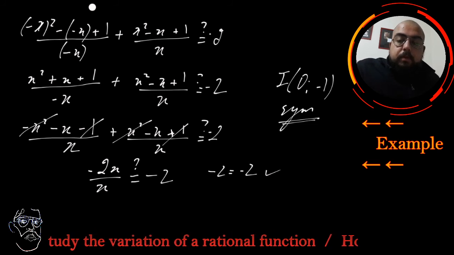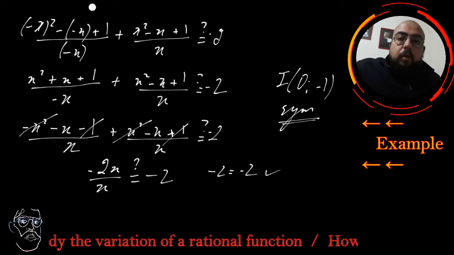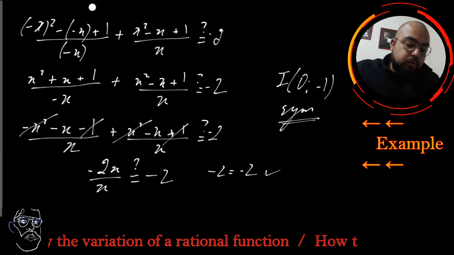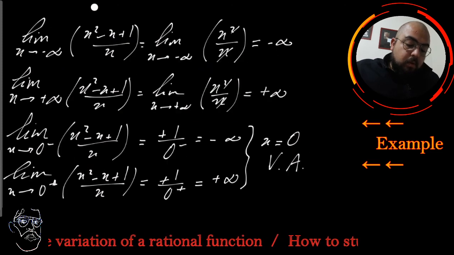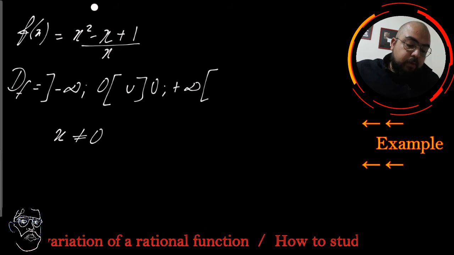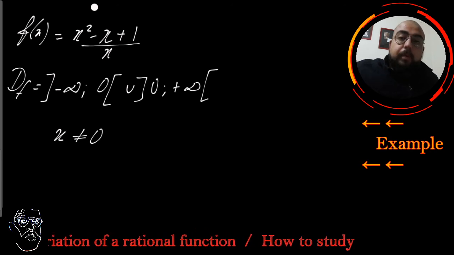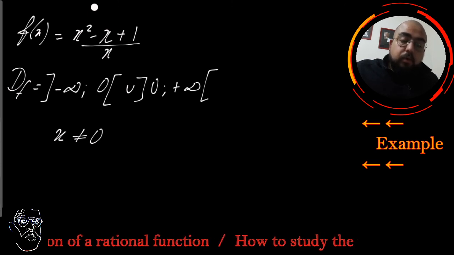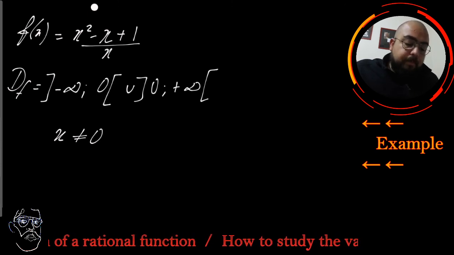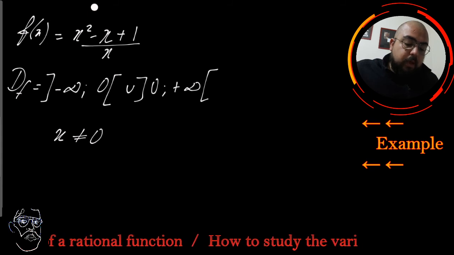So yeah, that's it. We were able to discuss our function. I'm gonna go through my function from the beginning. So domain of definition, we have a value which is excluded: x equals 0. This value is an excluded value.